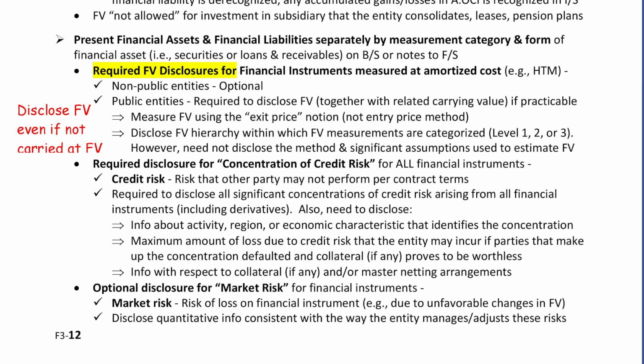Though this disclosure is optional for non-public entities, it is required for highlight public entities. The next sub-bullet, highlight required disclosure for concentration of, on the next line, highlight credit risk and put a box around concentration.